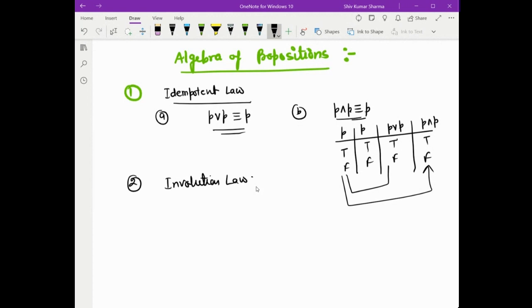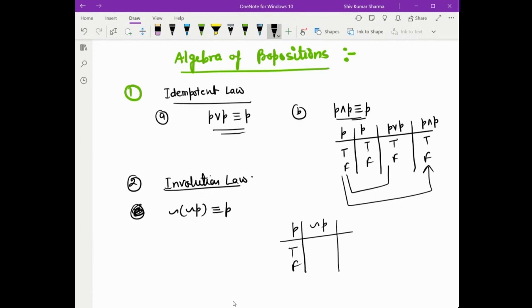Involution law. For involution law, we have only one statement. That means negation of negation P is always equivalent to P. So we have a statement P having two values, true and false.